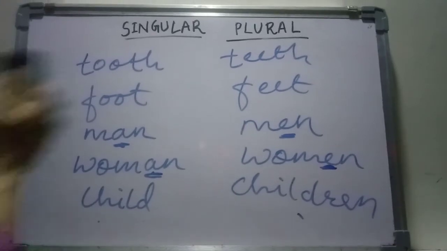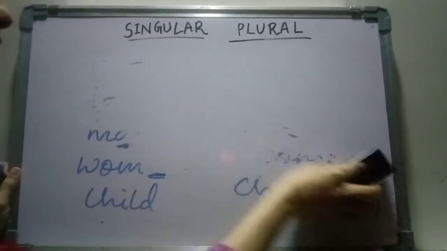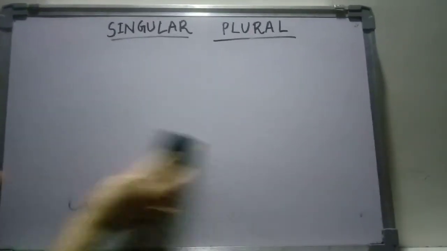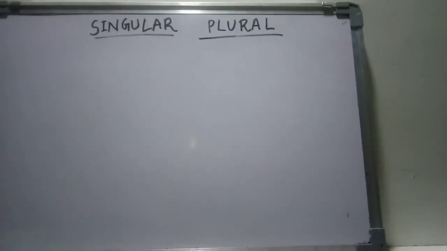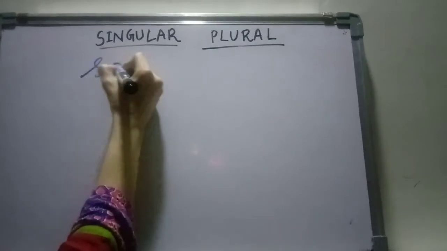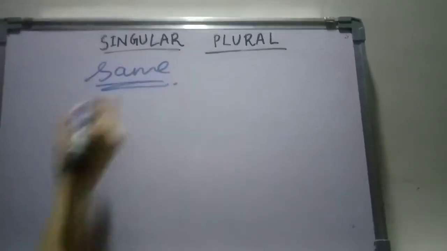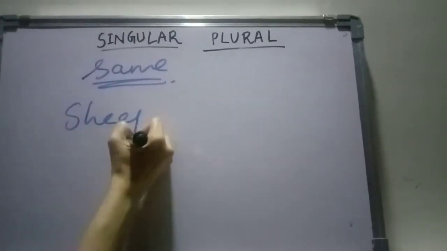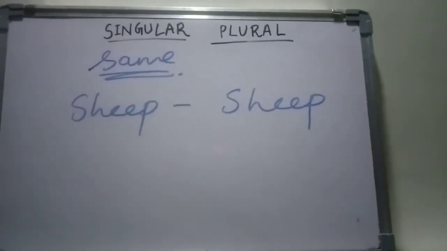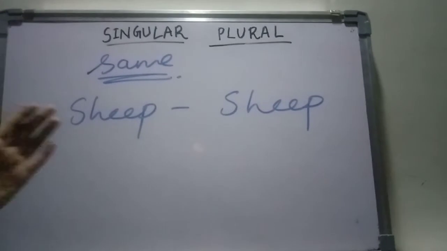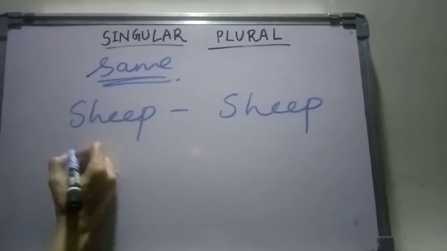Now, again, one more set of words are there for which the singular and plural remain the same. They remain the same. For example, ship is always ship. You don't say ships. Ship is always ship.